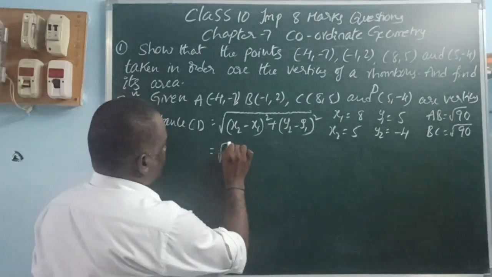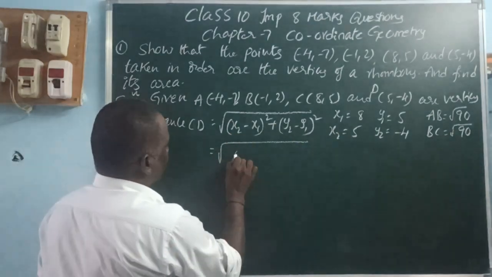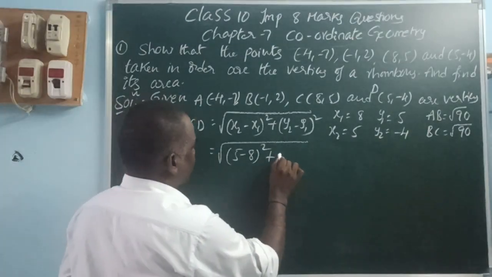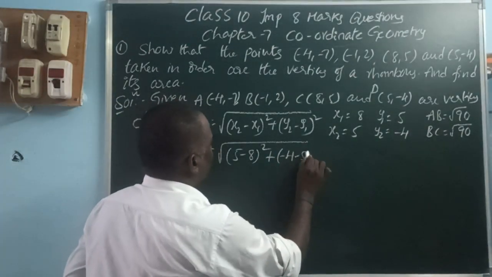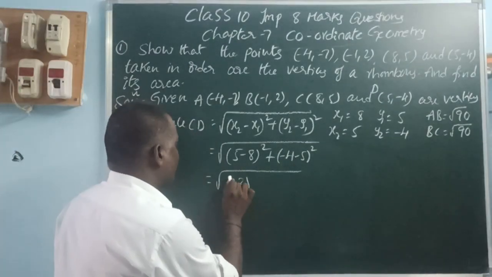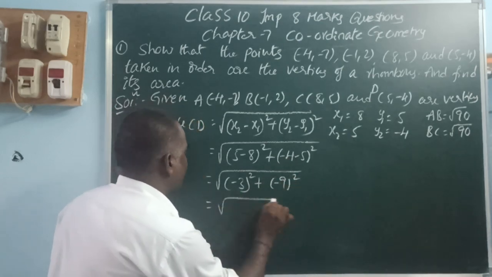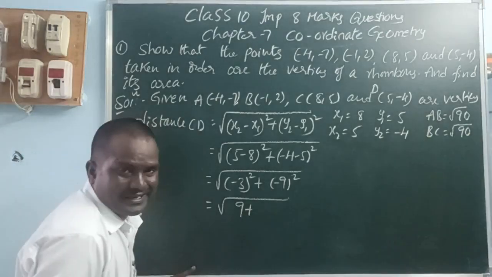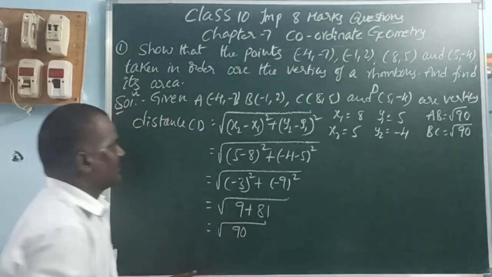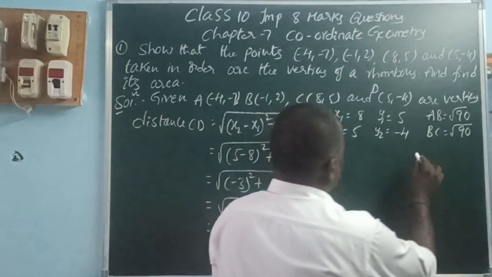So square root of (x2 minus x1) whole square, that is (5 minus 8) whole square, plus (y2 minus y1) whole square, that is (-4 minus 5) whole square. 5 minus 8 is -3, -4 minus 5 is -9. So (-3) whole square is 9, (-9) whole square is 81. So 9 plus 81 is 90. So the distance CD, that means the length of side CD, is square root 90.